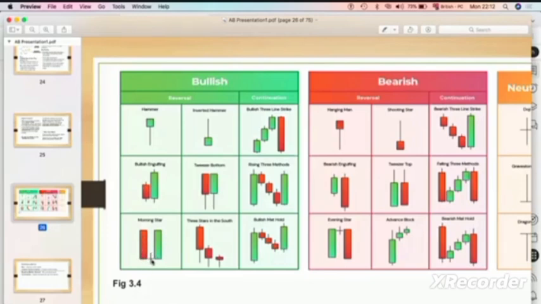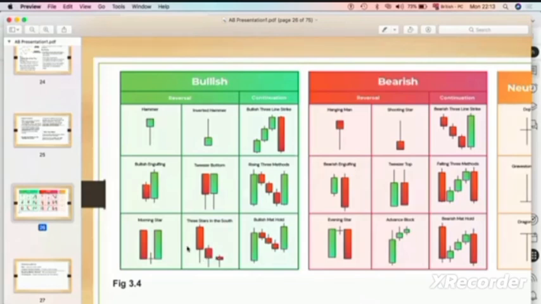Within it you have a doji, and you have your three stars in the south, which has an engulfing candle, almost resembling an engulfing candle but with a wick, and then you have the two smaller continuation candles forming beneath the wick.